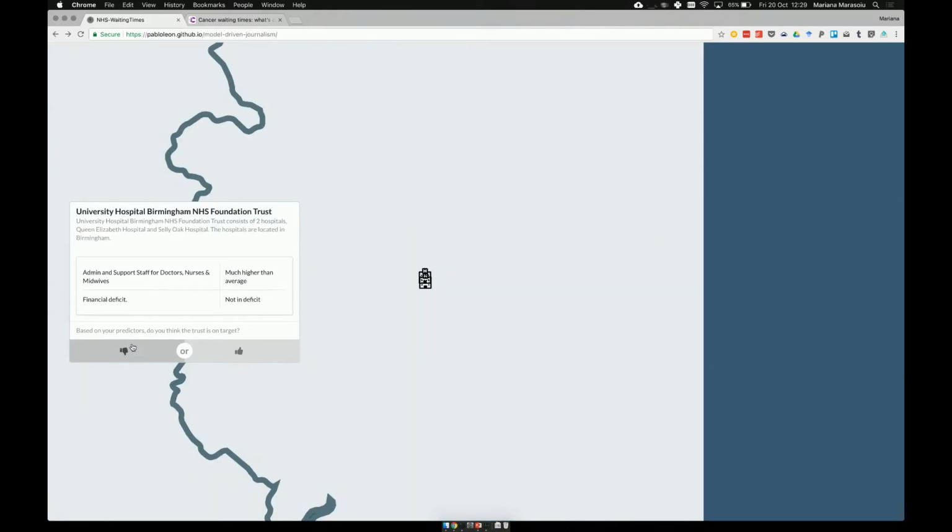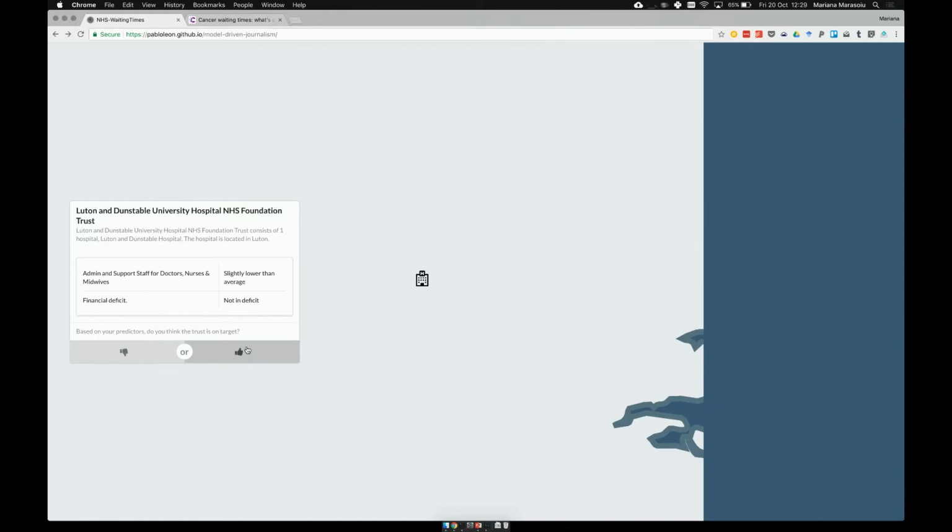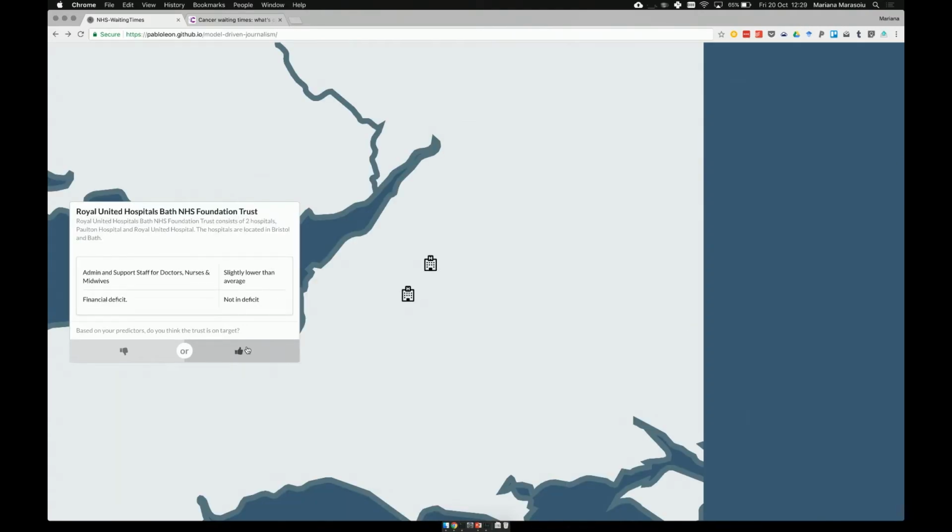Yeah, layout is a bit broken. Oh wait, so it's Birmingham. Right, so this would be Birmingham. On my view this would be a good place, so I think it's on target, yes. Okay. On target? Off target? On target. We've got on target. Our survey says on target.